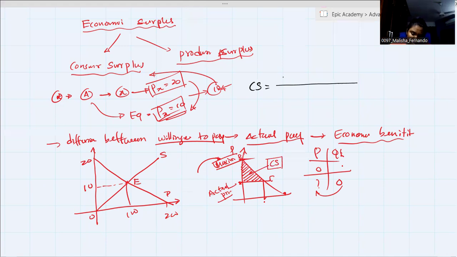First one, maximum price. Within the bracket, maximum price minus actual price, or equilibrium price. Multiply by equilibrium quantity, and divided by 2.